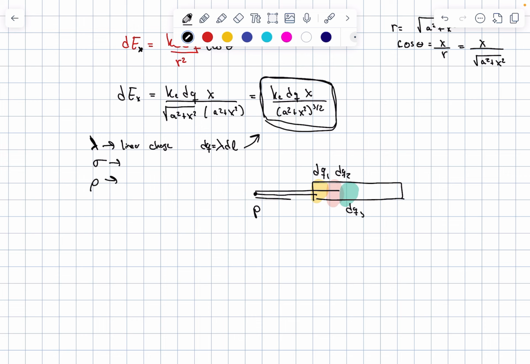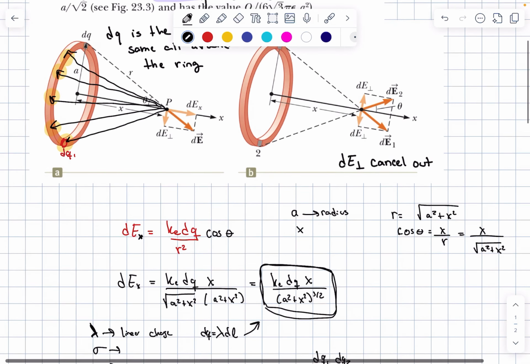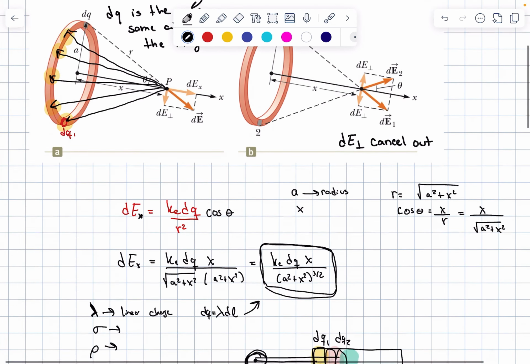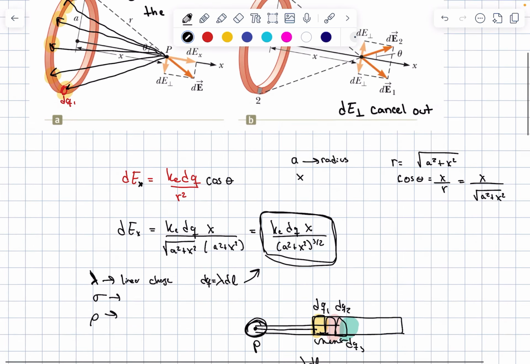How far away they are from P changes depending on what chunk you're talking about. So then we do need to talk about lambda dl, and then we say this is going to be dx, where we consider which one we are talking about, because each one of them contributes in a different way to the total electric field here. Versus in this case, they all contribute equally, so we can just take the integral of dq.